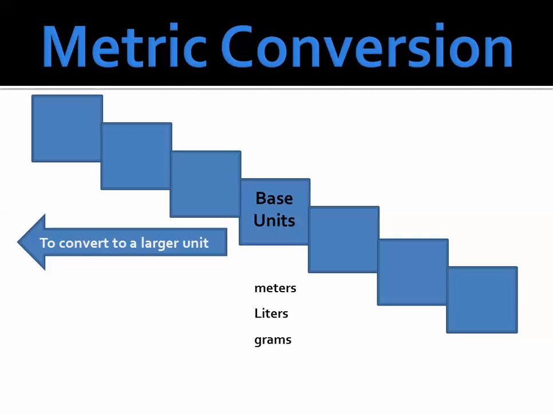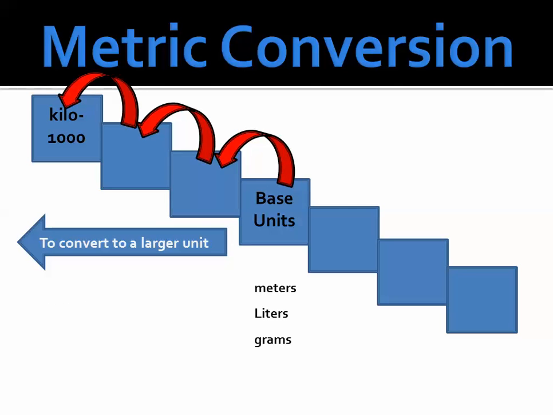For example, if we have 1,000 meters, meters is a base unit, and move 1, 2, 3 places to the left, we have our first prefix, kilo. Kilo means 1,000. This means from our original 1,000 meters, moving the decimal point 1, 2, 3 steps to the left, we have 1 kilometer.